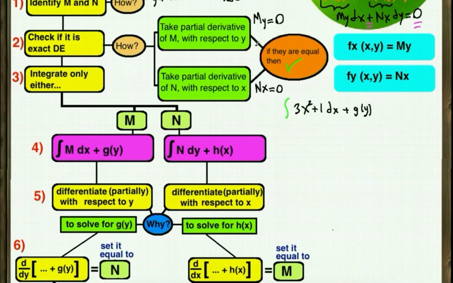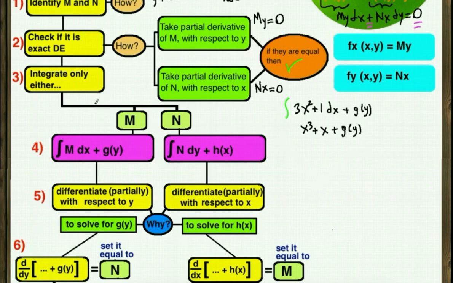The way you solve is totally up to you. Now the integral of x² is x³/3, and 3 cancels 3, so it's x³, plus the antiderivative of 1 with respect to x, which is x, plus we add g(y).